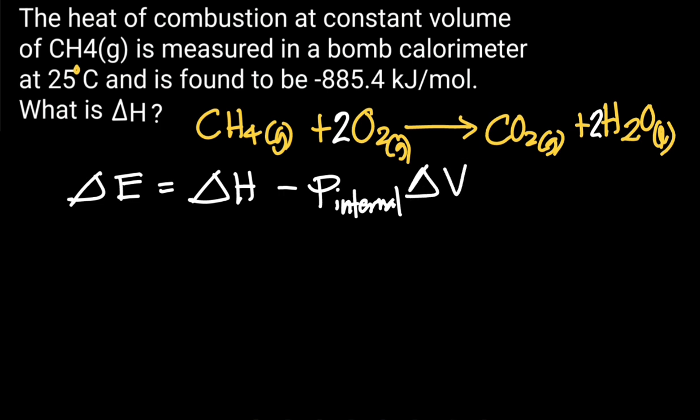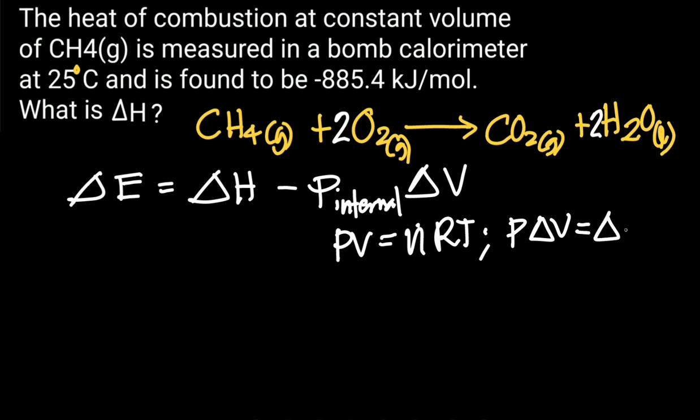It says here that the volume is constant, and PV is equal to nRT, so P delta V is equal to the change in the number of moles of the gases times the gas constant R times the temperature. And the given temperature here is 25 degrees Celsius.